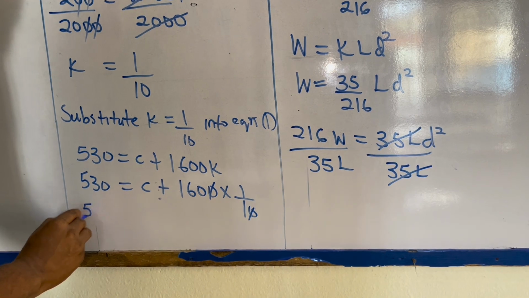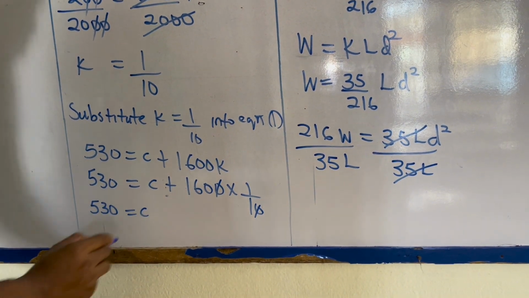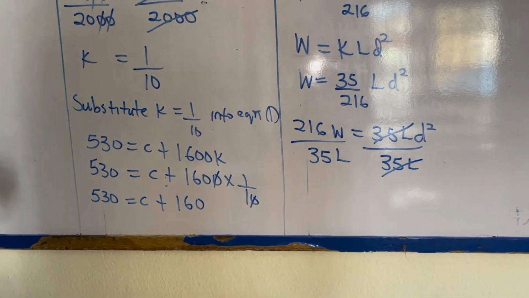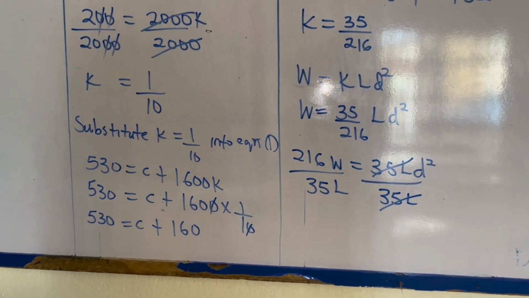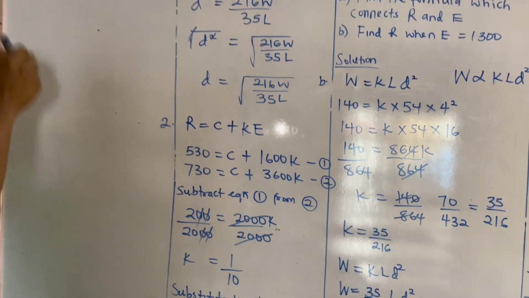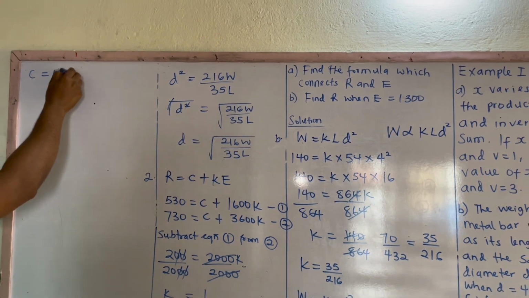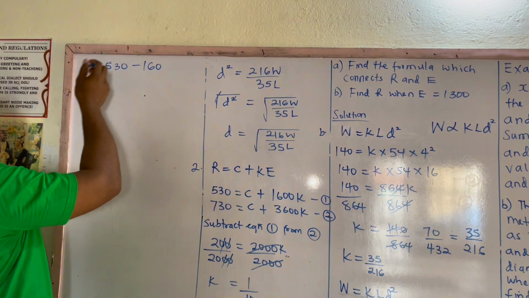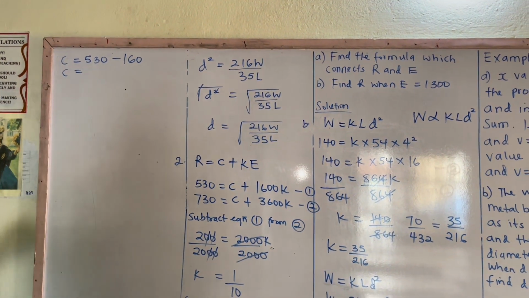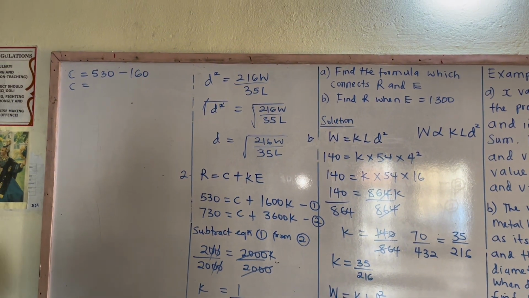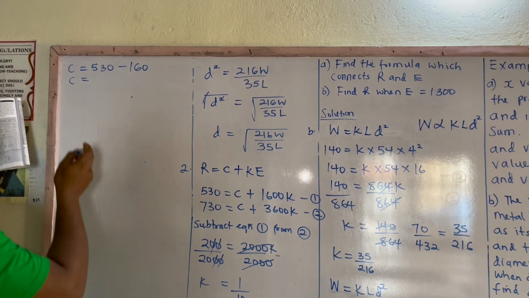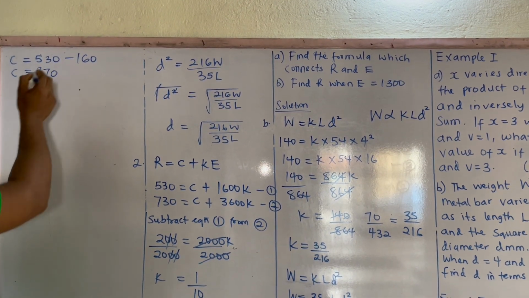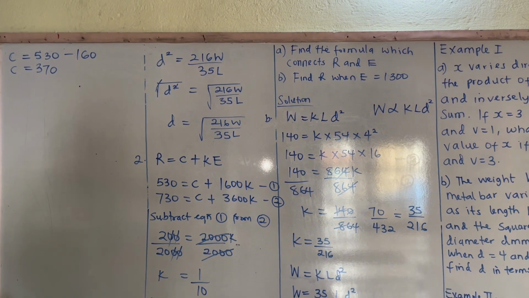So I'll be left with 530 is equals to C plus 160. Now I will collect like terms. So C is equals to 530 minus 160. So C will be equal to 370. So C is equal to 370.